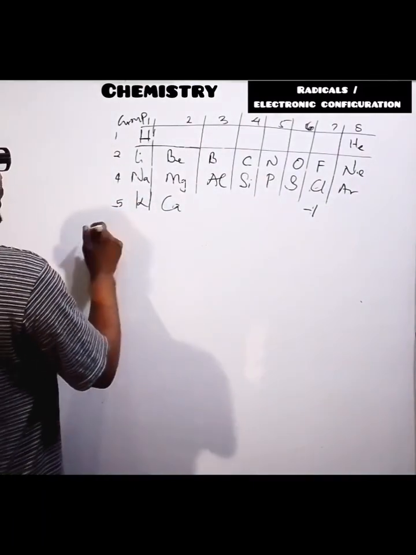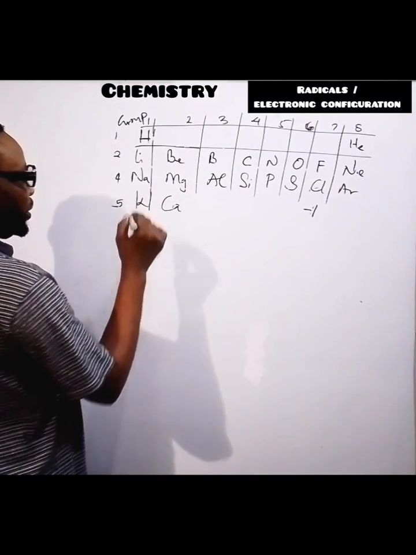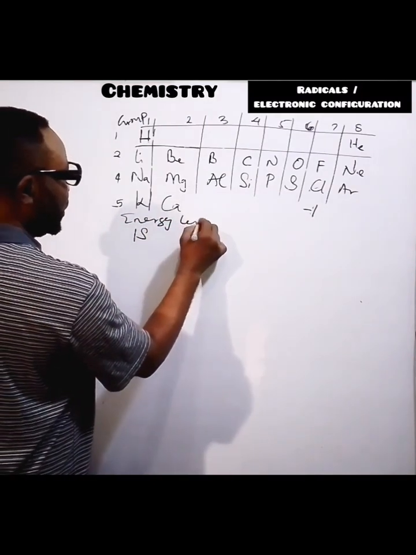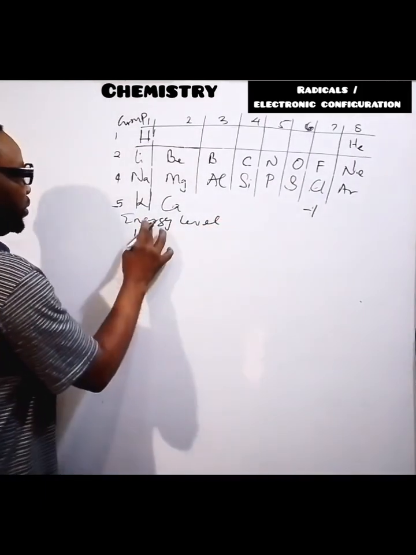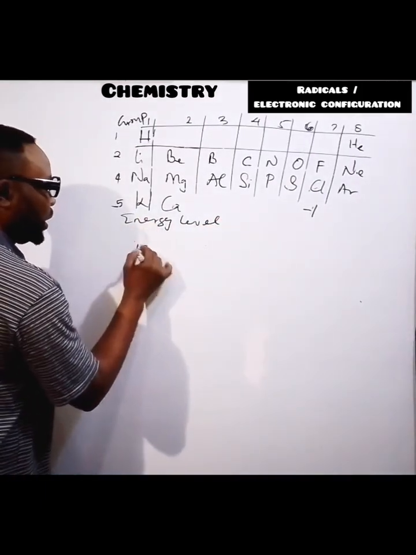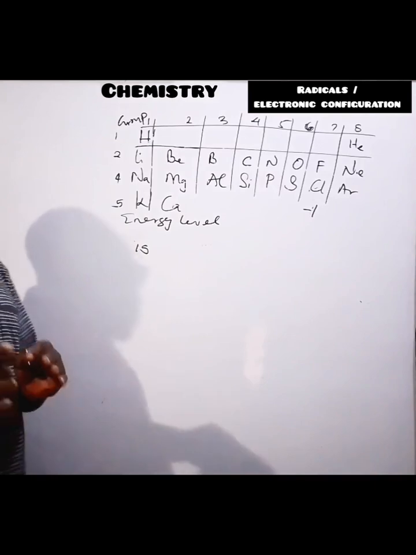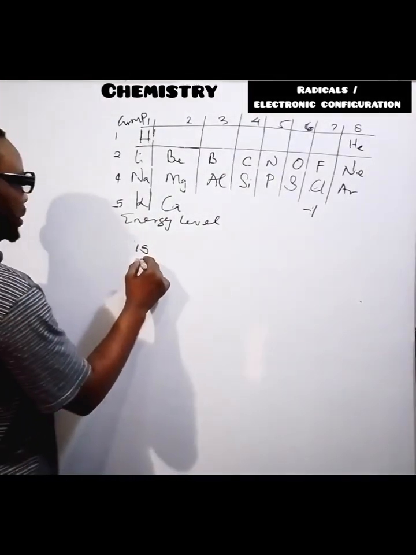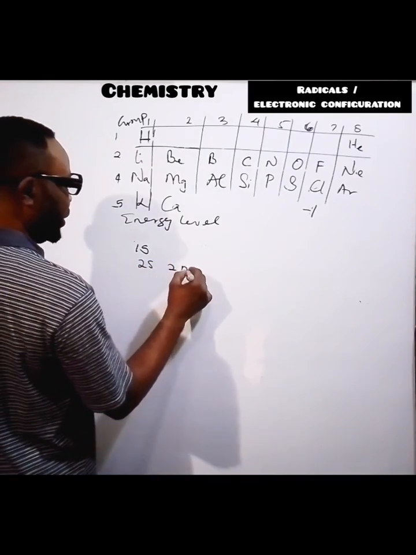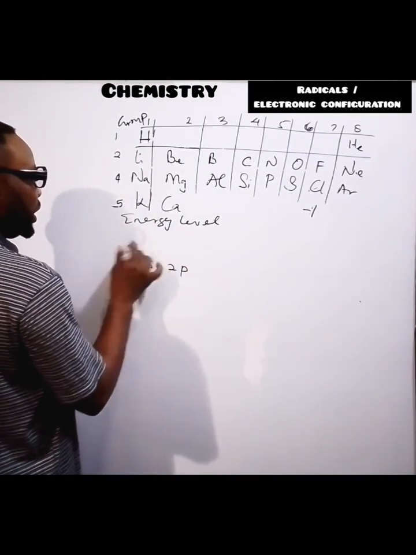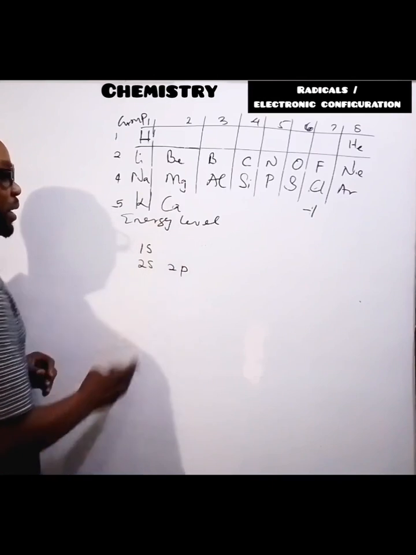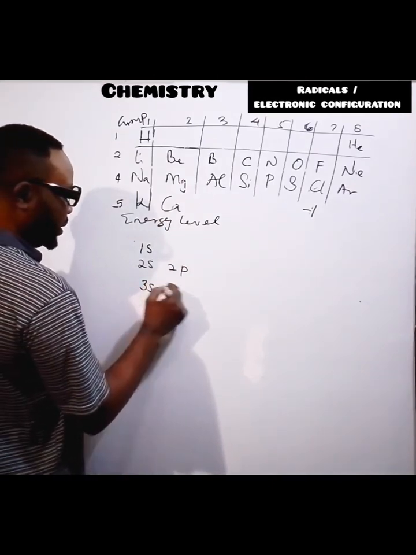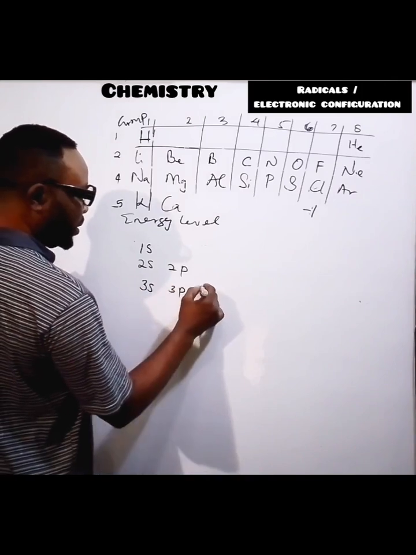Now, the design of the energy level is in this order. You have 1s. This is going to follow the trend of SPDF. 1s, 2s, 2p. When you want to draw this, make sure that they are in order and also in a straight line. 3s, 3p, 3d.